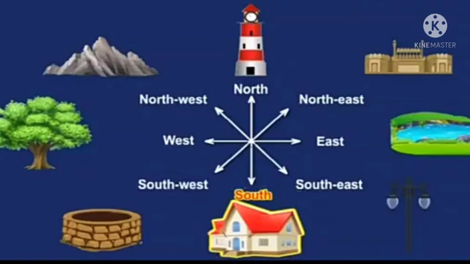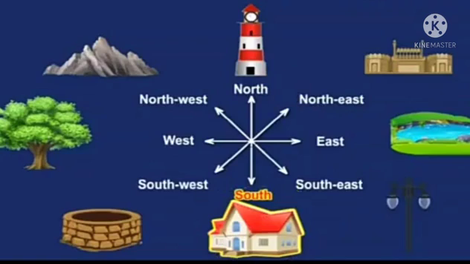Now next one students, mountain. Mountain lies between north and west. So mountain lies in the northwest direction. Now next, well. Well lies between south and west. So well lies in the southwest direction.